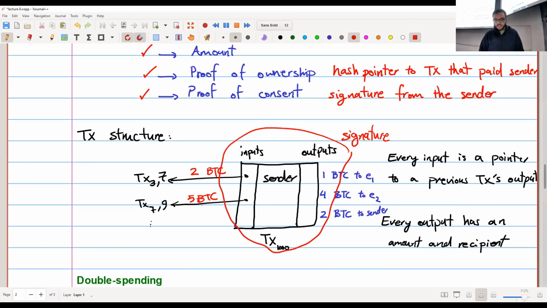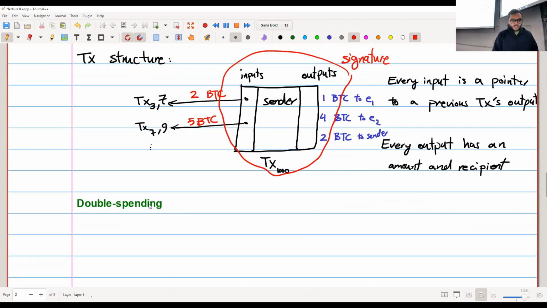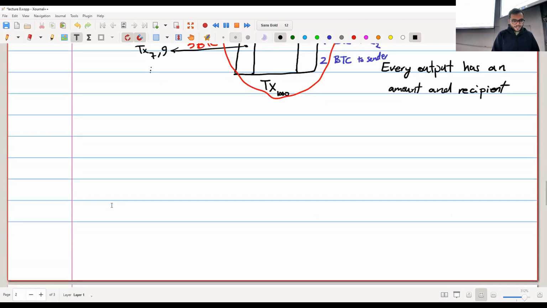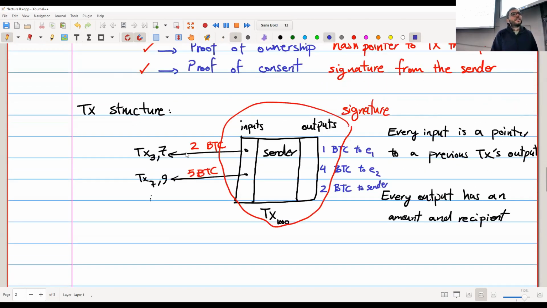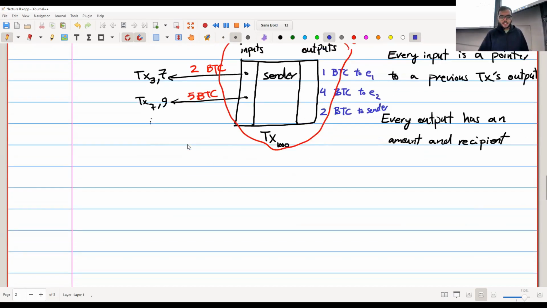Now, how do you verify? Again, it's too early for double spending. I'm really excited to talk about double spending today. So how do you verify a transaction? How do you verify that the transaction is correct?